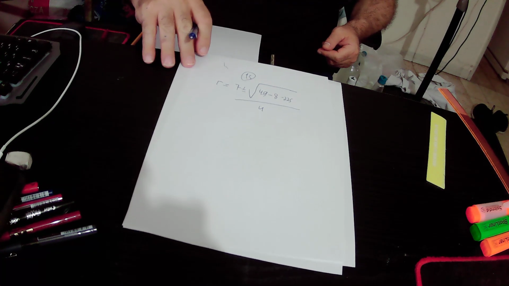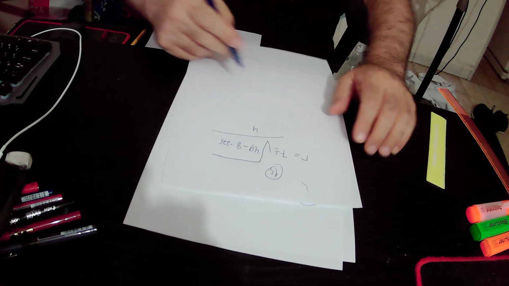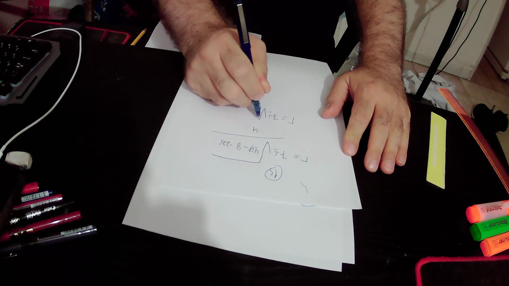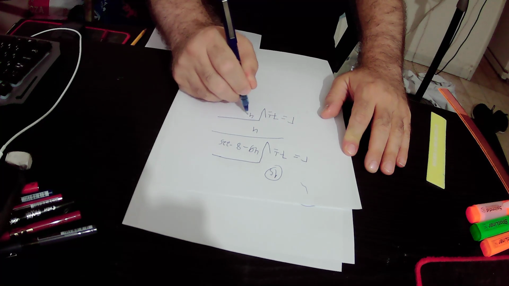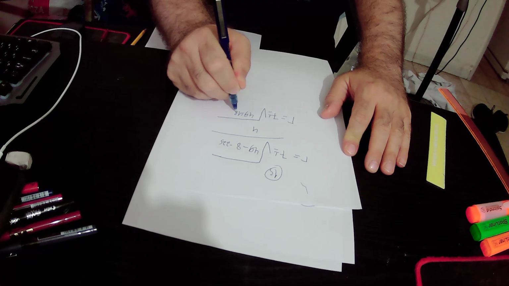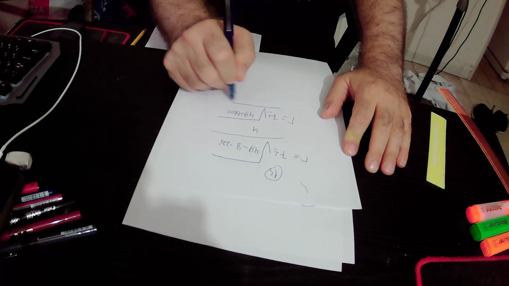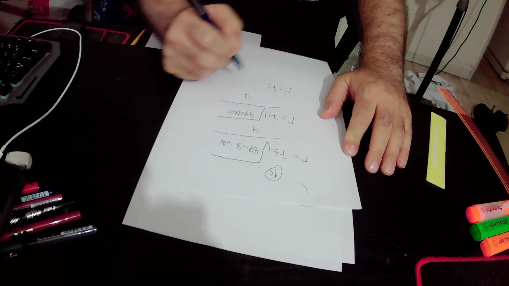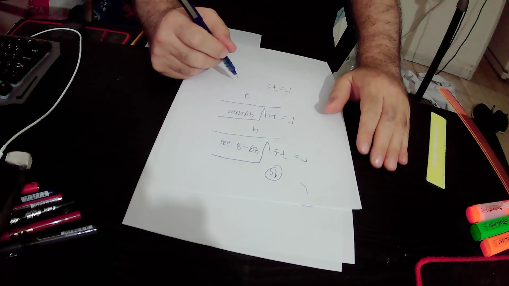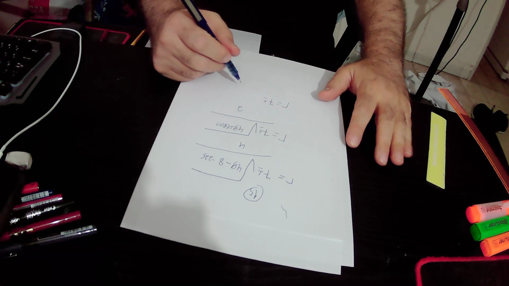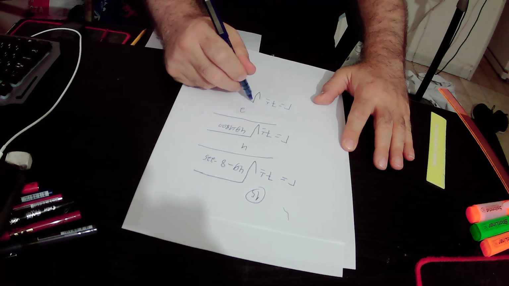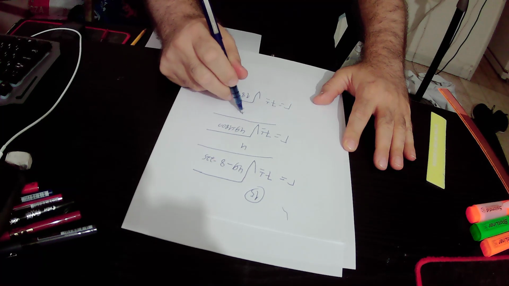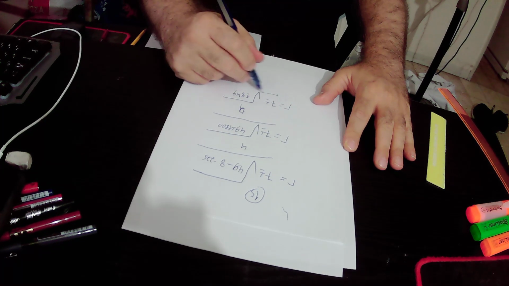So I write it down. We got that r equals 7 plus minus root of 49 plus 1800 over 4, or r equals 7 plus minus, 1800 plus 49 is 1849, so it is the root of 1849 over 4.